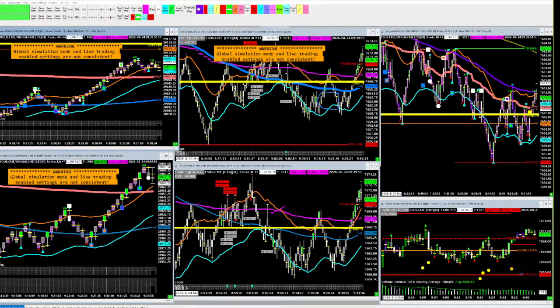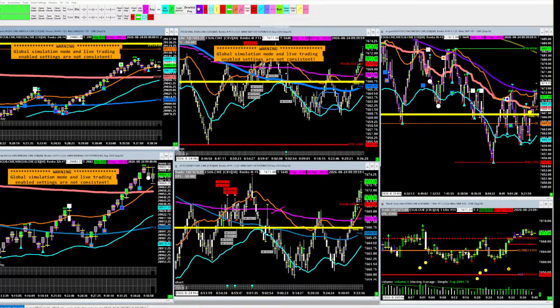Volume looks like it was cut in half. Yep. There's no rotation in NQ, like none.